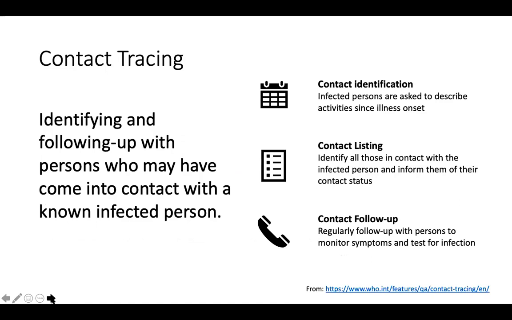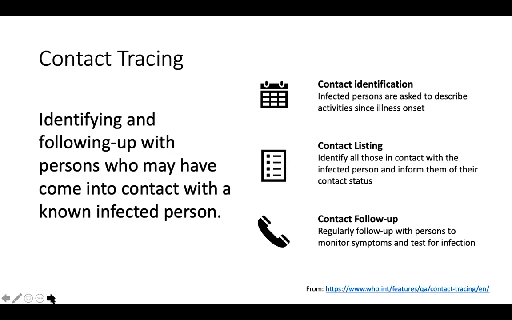I really just want to identify this notion of contact tracing because it's come up, especially with respect to COVID-19. What it is, according to the World Health Organization, is identifying and following up with persons who may have come into contact with a known infected person. Essentially, you interview a case, somebody you know is infected, and have them walk through their routines from when they likely became infected to the present.